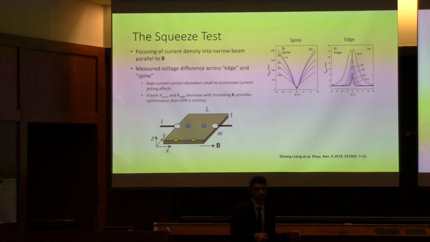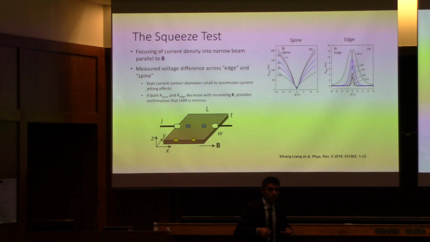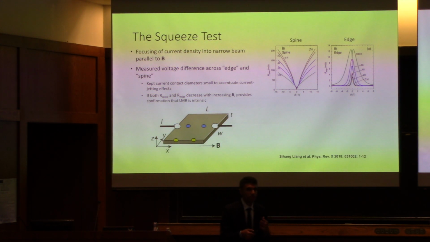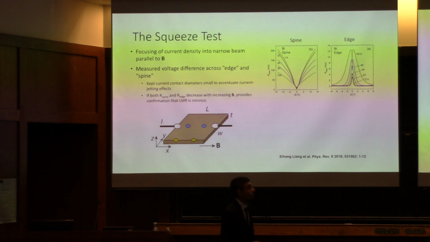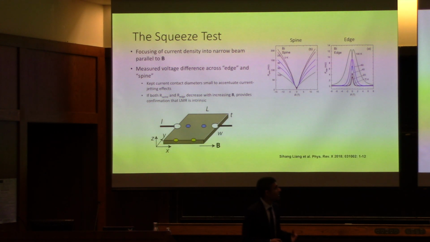Because if we have our current contacts large enough, you start allowing for the conductivity throughout your material to increase, and so you don't experience the same level of inhomogeneity that you would with a smaller contact signal. And if we see that the resistance across our spine and the resistance across our edge decrease with increasing magnetic field, it confirms that our longitudinal magnetoresistance is intrinsic.